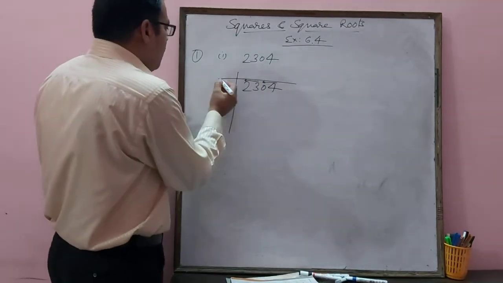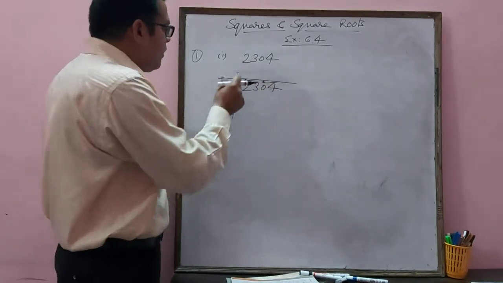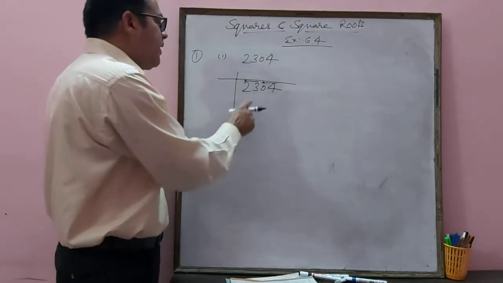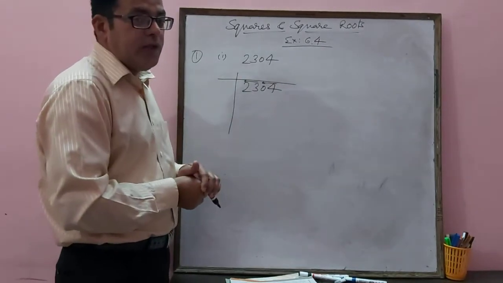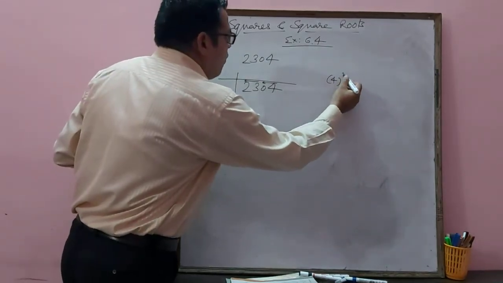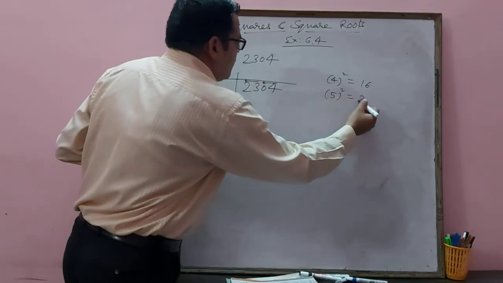Right? Now the second thing that you must remember, you need to find the number whose square is near to 23. So you can see here, square of 4 we have 16, square of 5 we have 25.